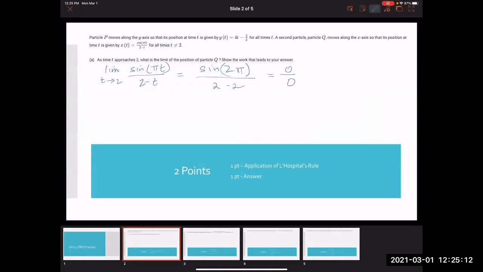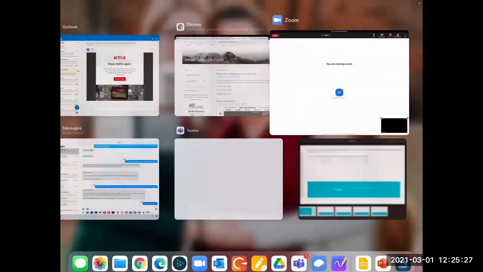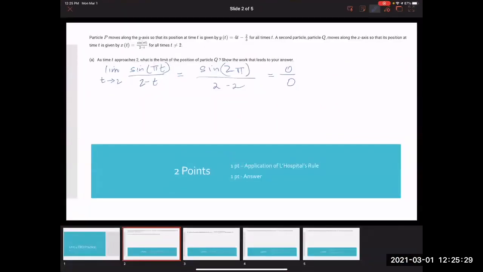Remember, there are actually 7 indeterminate forms. They're only going to hold you accountable for 2 of them on the exam. The first one being 0 over 0, which is the case we have here. The second one being infinity over infinity, which is not the case we have here. But this is an indeterminate form.